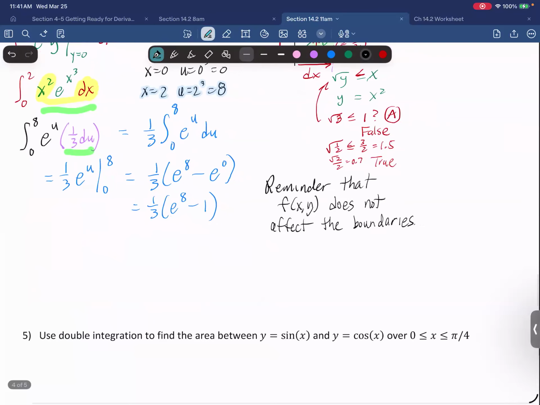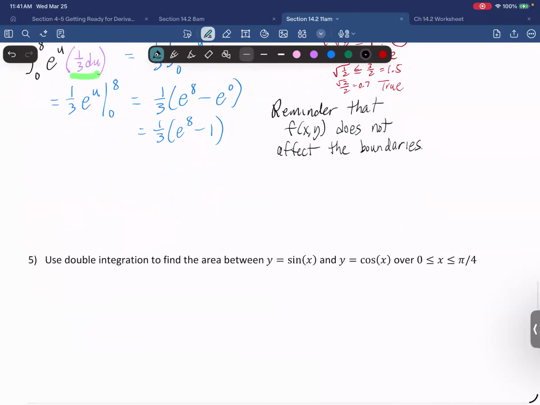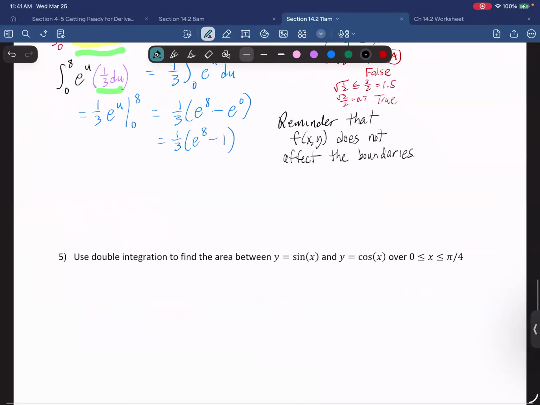Use double integration to find the area between y equals sine x and y equals cosine x. Well, if we map y equals sine, they only give us one limit here. But let's take a look at what's going on pictorially.